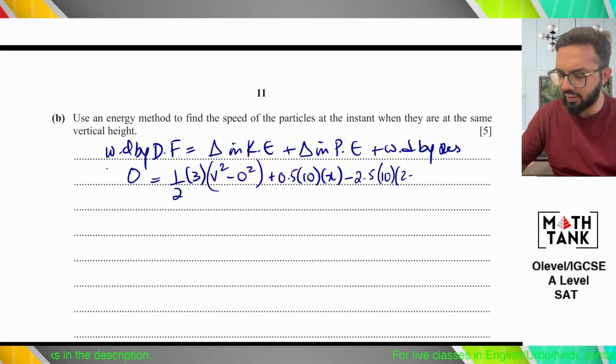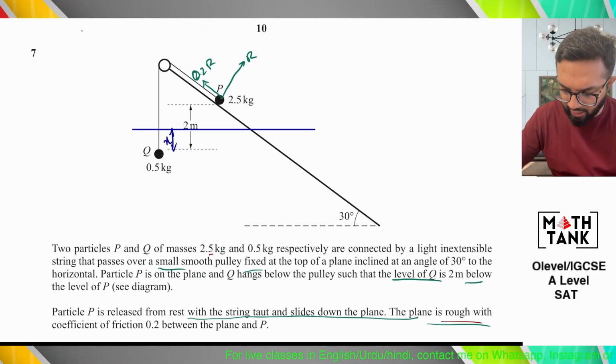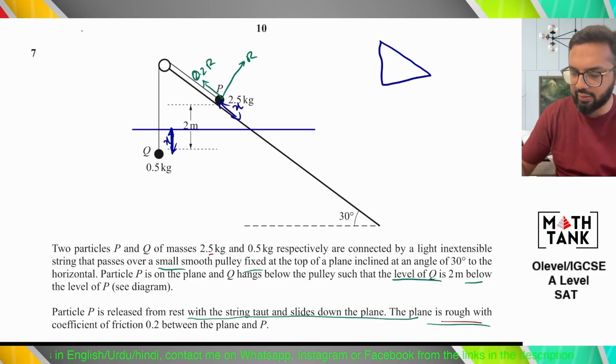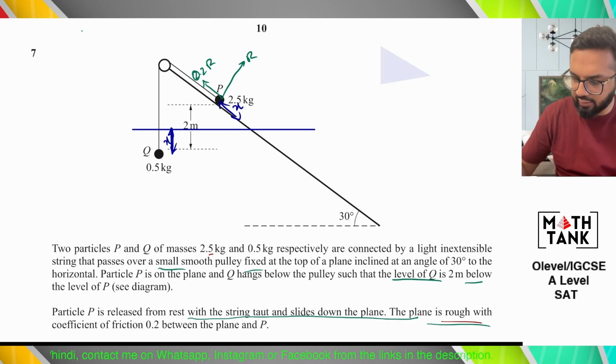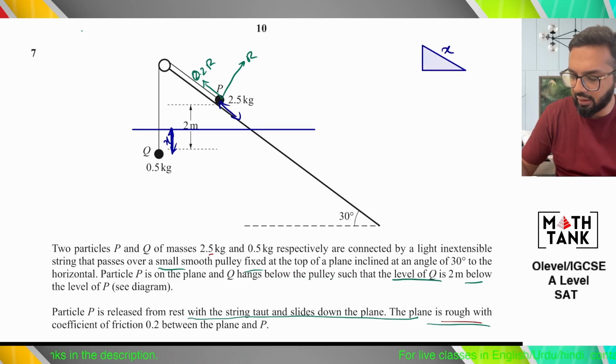Or let's make it simpler. I can say that since this is traveling a distance of x, this distance should also be x. Now, if something is traveling a distance of x, then the change in PE should be x sine theta.